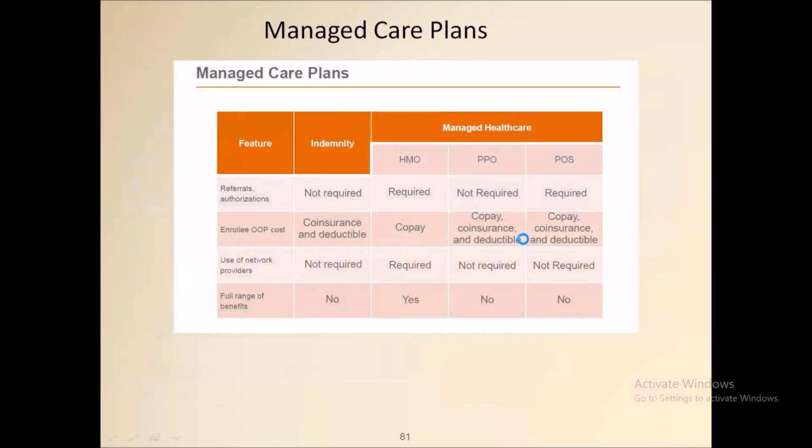What are managed care plans? If we talk about US history, when the plans started, the first plan provided was the indemnity plan. Similar to India, but the cost of premium is a bit high. And there is no concept of in-network and out-of-network. When they started moving towards managed care plans, meaning better management based on the people's and consumers' needs, you have HMO, PPO, POS.